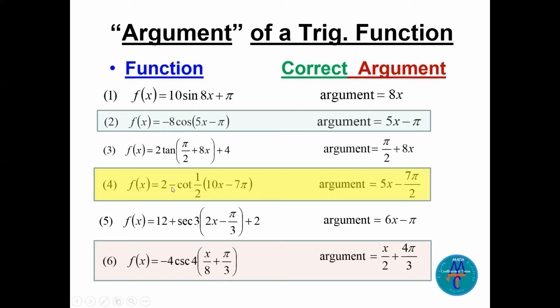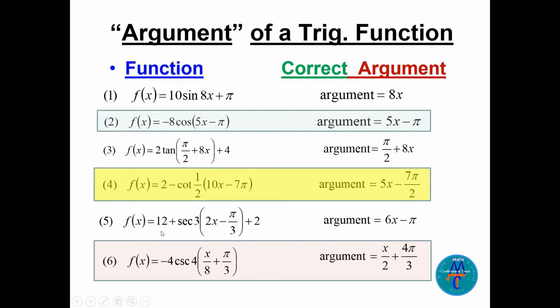Here we have 2 minus cotan half 10x minus 7 pi. Where is the argument? Everything after the cotan. See? So half is included in the argument, times 10x. So it will be 5x there. Multiply by half, it will be minus 7 pi over 2.